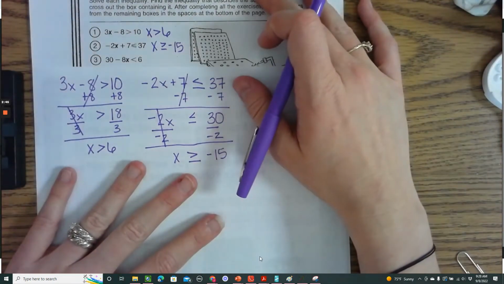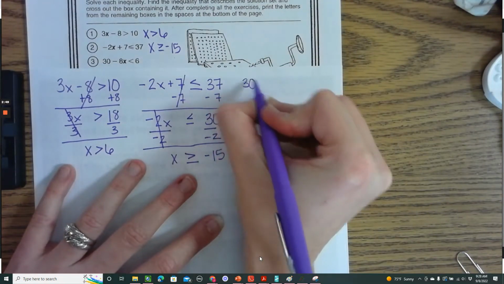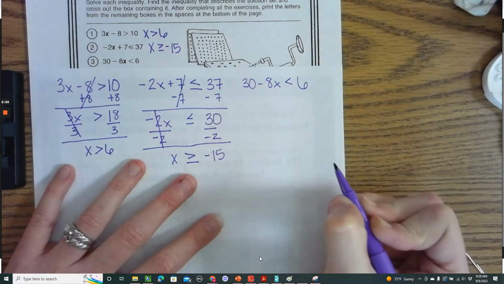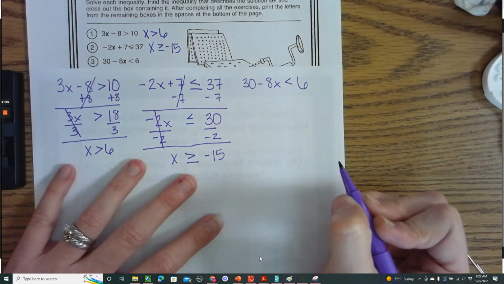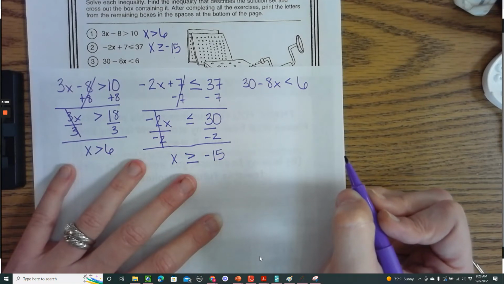All right. Number 3. 30 minus 8x is less than 6. All right, what's my first step here? What do I do first? Minus 30.